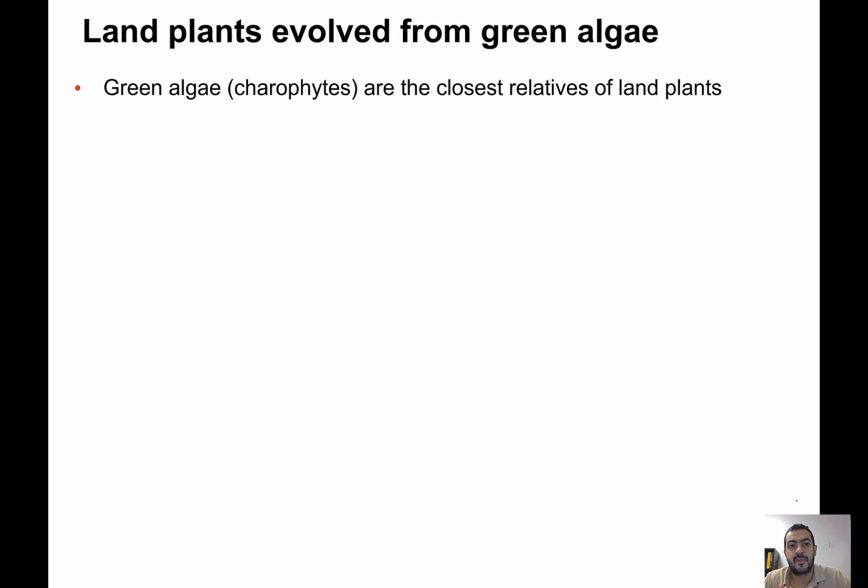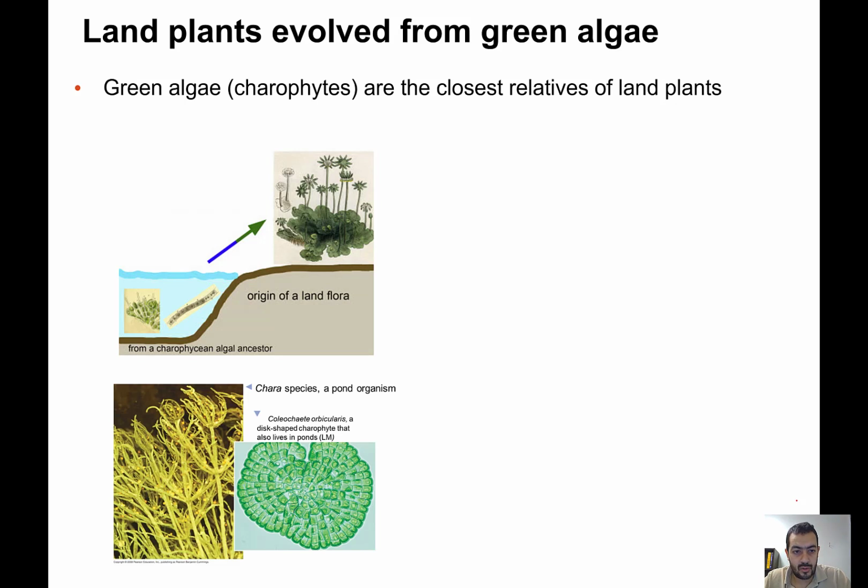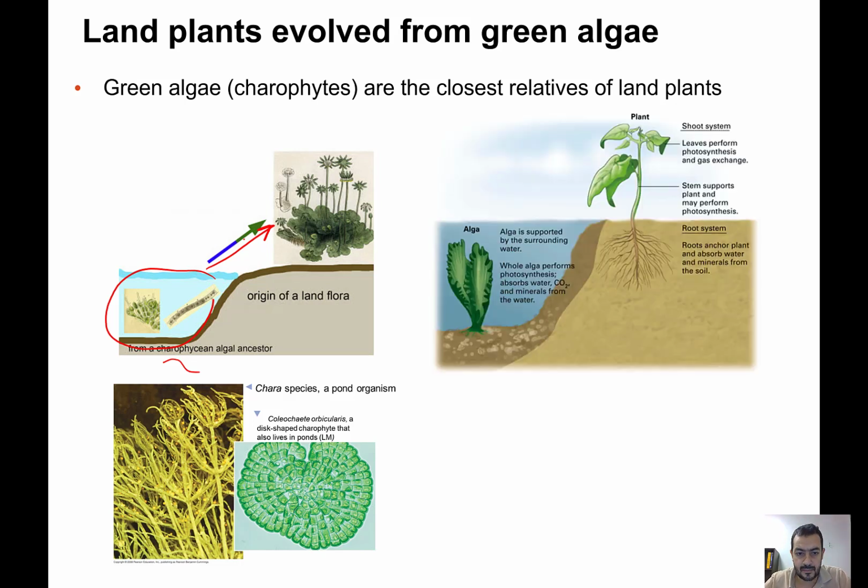So green algae, which we refer to as charophytes, are the closest relatives to land plants. So they look like something like that. So this is a picture depicting a charophyte, and as we said, they were living in aquatic environment, and they moved to live on lands, and they have evolved to give us the land plants.